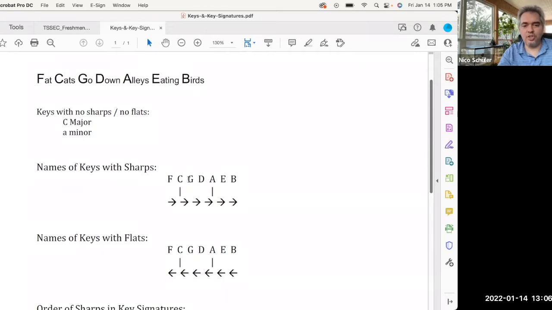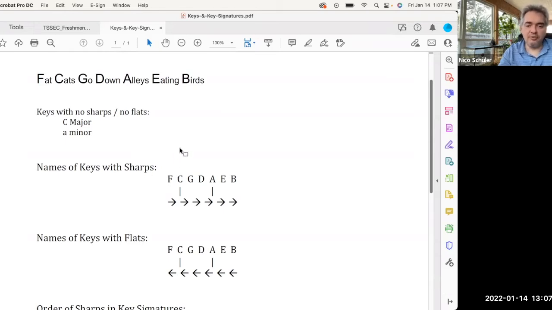So G major has 1 sharp, D major 2 sharps, A major 3 sharps, E major 4 sharps, B major 5 sharps. If we go the circle around, we have to add a sharp to the name of the key. So the major key with 6 sharps is F sharp major, not F major, but F sharp major. And then there's a key with 7 sharps, and that is C sharp major.